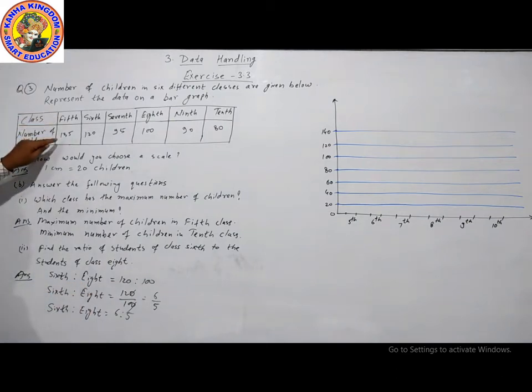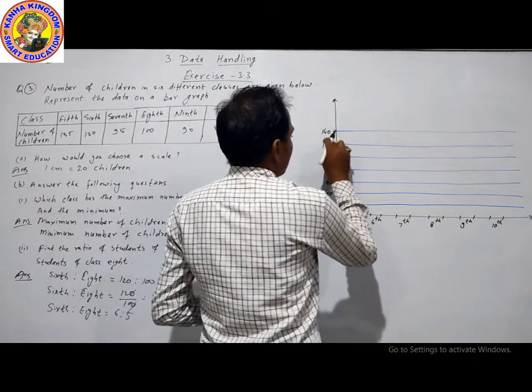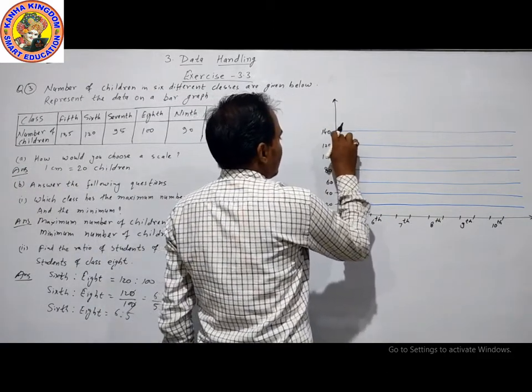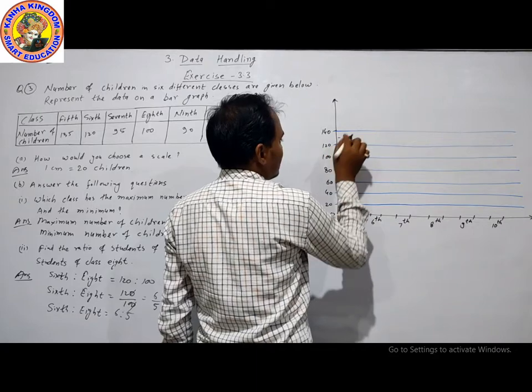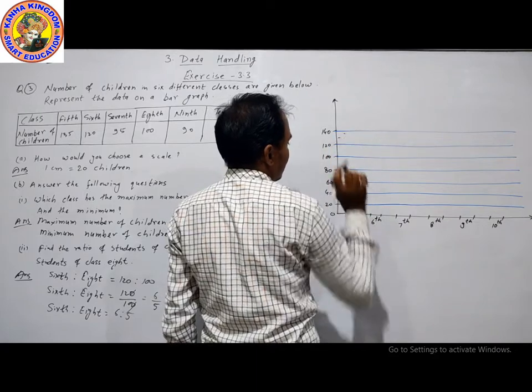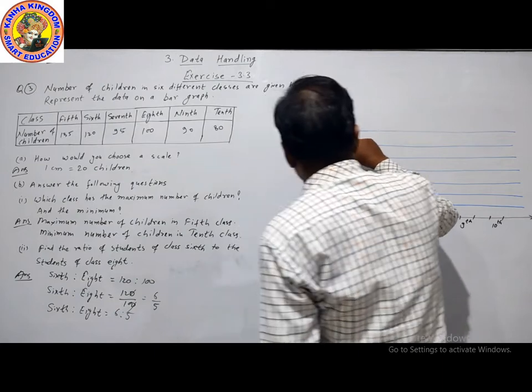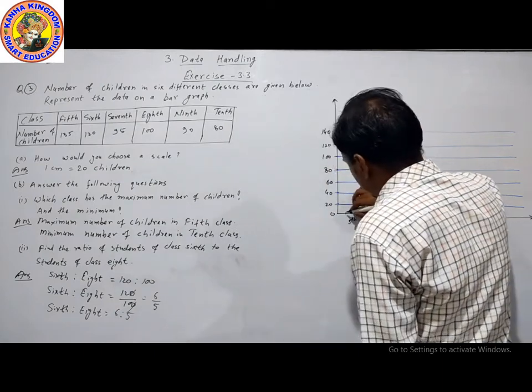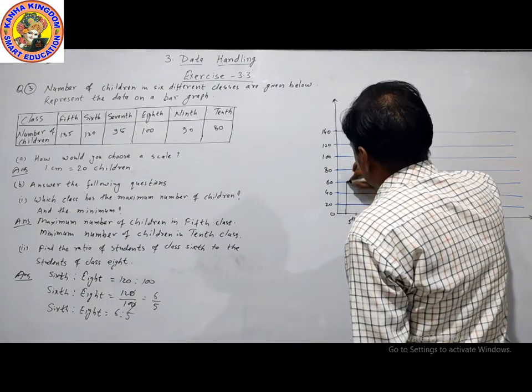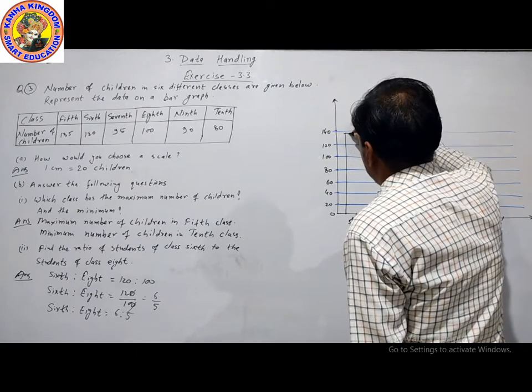In 5th class 135 students. Between 120 and 140, here is 130, now here is 135. This is the bar graph.